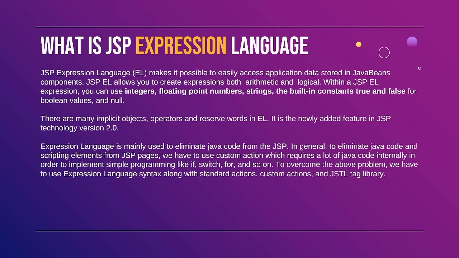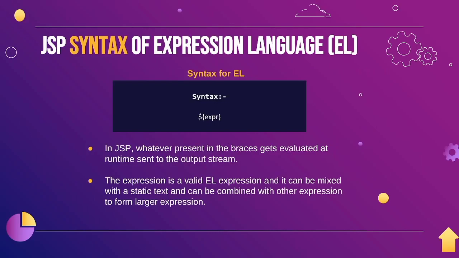So basically, the main purpose of expression language is to simplify the process of accessing data from bean properties and from implicit objects, which we are going to be discussing up front.